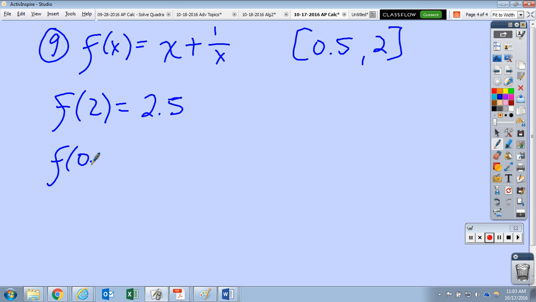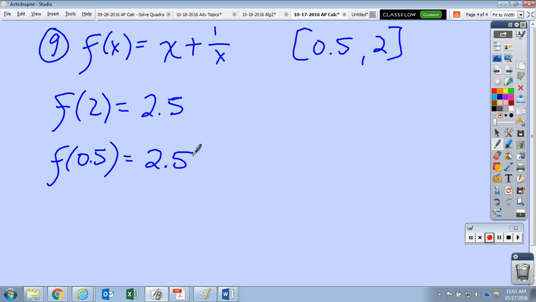F of 0.5, I think this one actually ends up where Rolle's theorem is going to apply, because they end up being the same value. F of 0.5 is 1.5 or 2.5? 1 divided by 1/2 is 2. 2 plus 1/2 is 2.5, right? Be careful. Yeah, we've done this one.